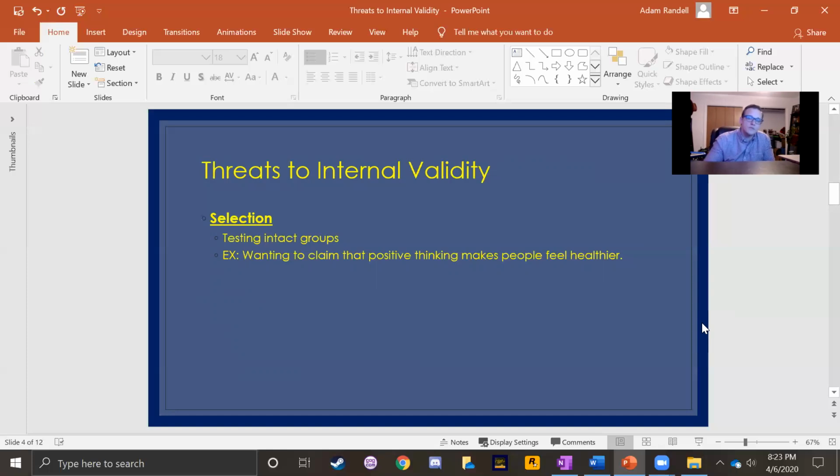So, sometimes when testing intact groups, we'll see those kinds of selection problems. So it makes our ability to say, hey, it was that social rejection manipulation that led to people having lower self-esteem harder. All right, it threatens our internal validity.